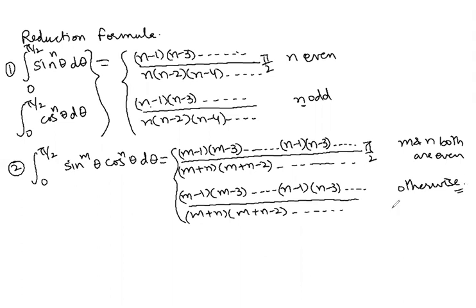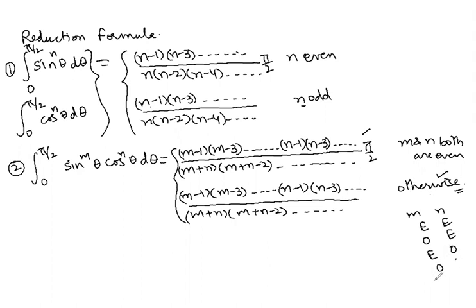Okay, you can see that this otherwise contains three situations. देखो, when m and n both are even, we have the first case. When m is odd, n is even, it is included in otherwise. When m is even, n is odd, it is also included in the second case.